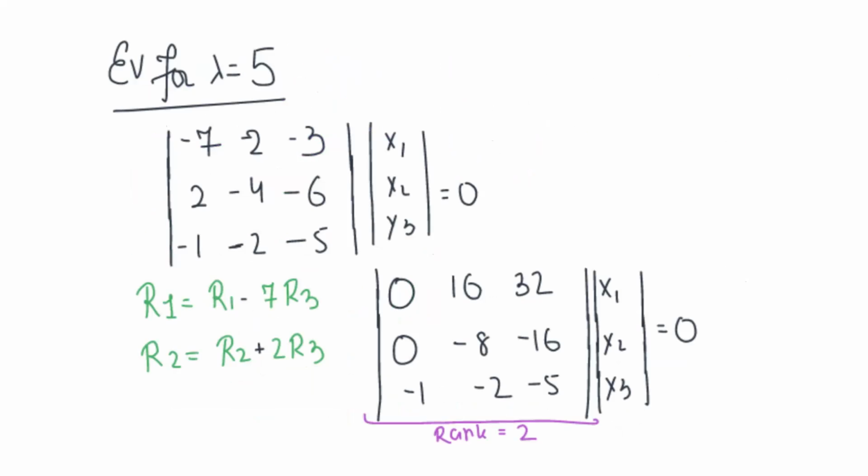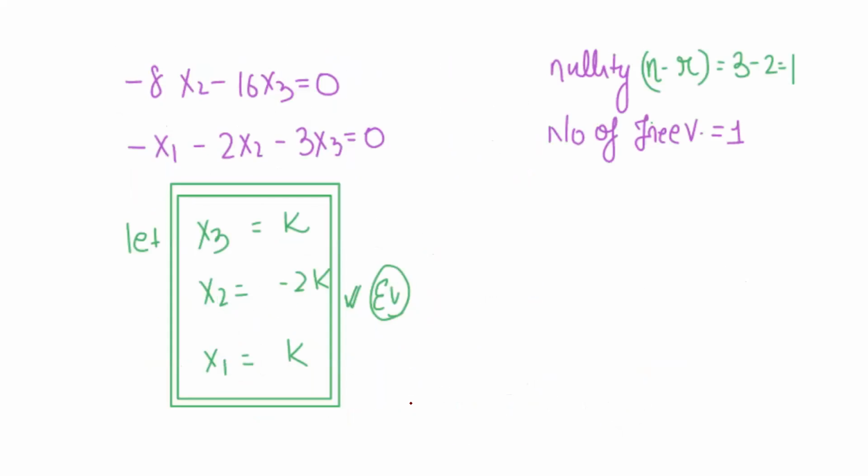From the expansion we can see that x3 is equal to k, because here a 0 is coming. That means x3 is equal to k and x2 is equal to minus 2k and x1 is equal to k, because here the number of free variables is only 1.